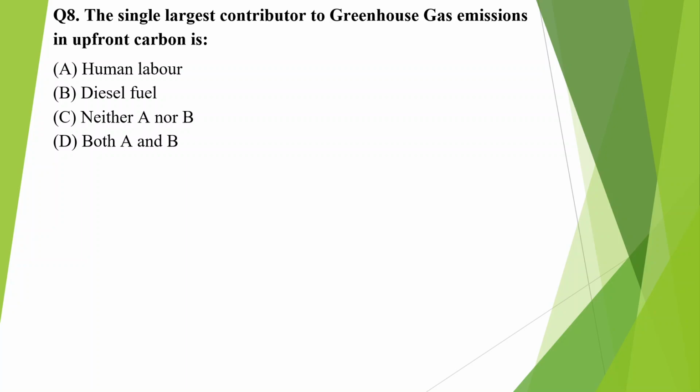It's B only, diesel fuel, because I have just informed you, and it has also been taught in the lecture, that diesel fuel is used for transportation and on-site machinery. Running some of the machinery on site, these diesel fuels are utilized, and they contribute to most of the upfront embodied carbon emissions, not human labor. That's why option B only is the correct answer.